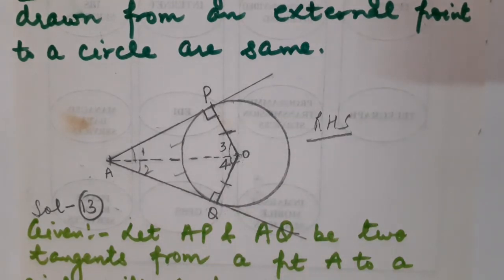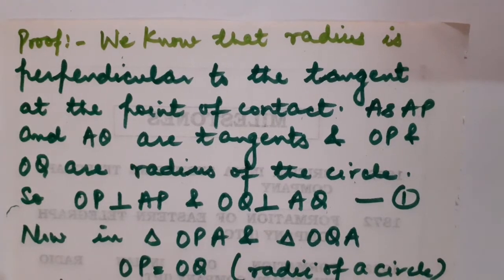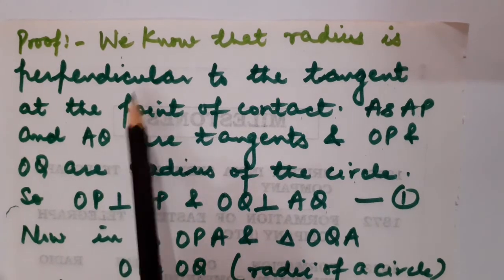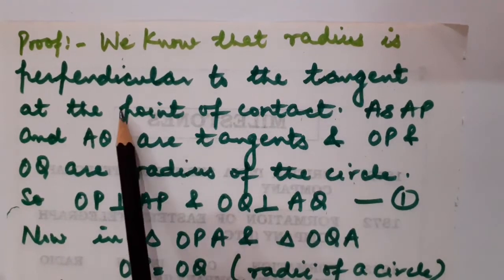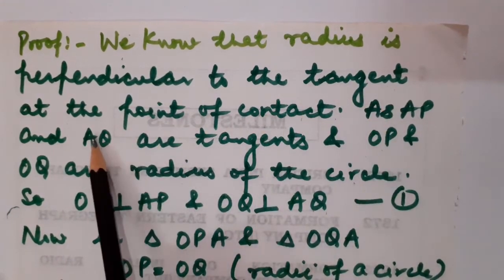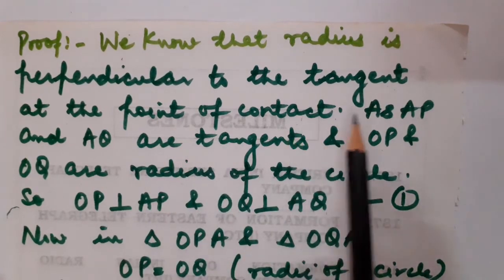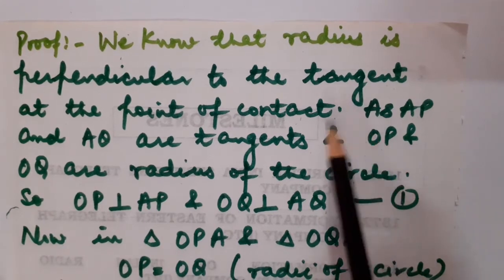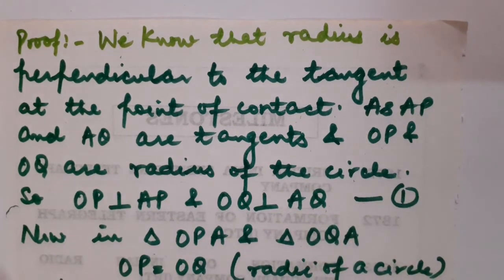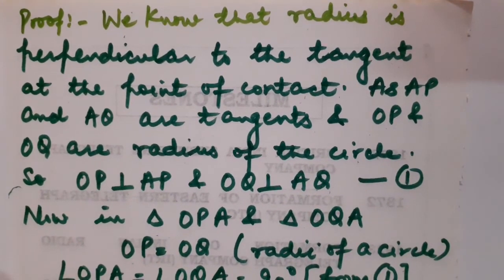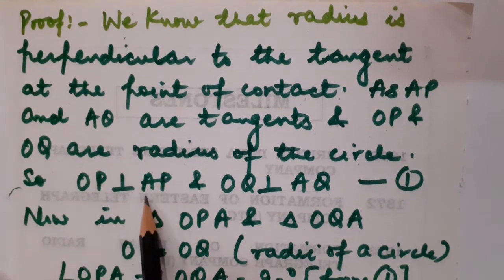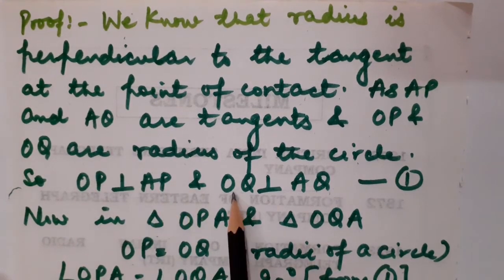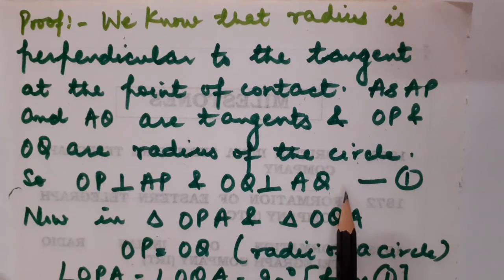Correct, children? Now I have explained you through diagram. Just look at its written solution. We know that radius is perpendicular to the tangent at the point of contact. As AP and AQ are the tangent, so OP and OQ are the radius of the circle. So what can we say? That OP is perpendicular to AP and OQ is perpendicular to AQ.